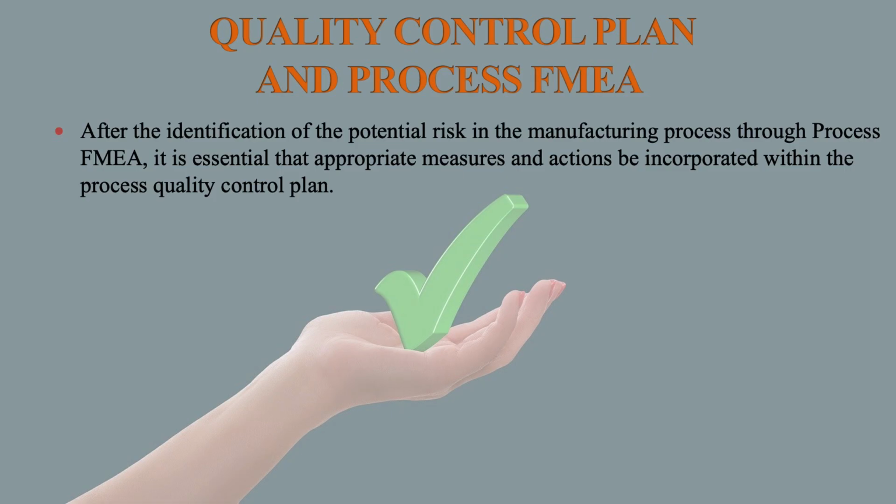Quality control plan and process FMEA. After the identification of potential risk in the manufacturing process through process FMEA, it is essential that appropriate measures and actions be incorporated within the process quality control plan.